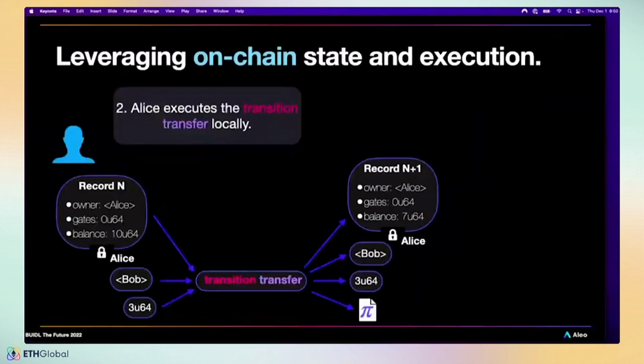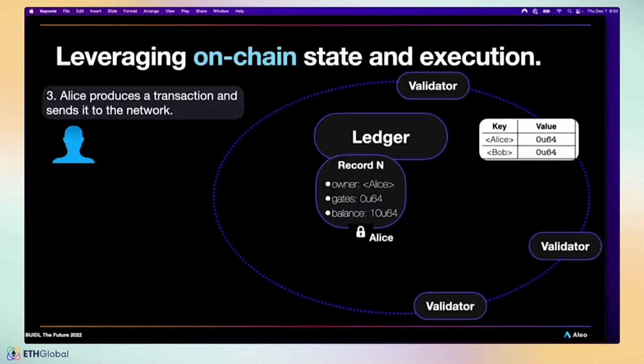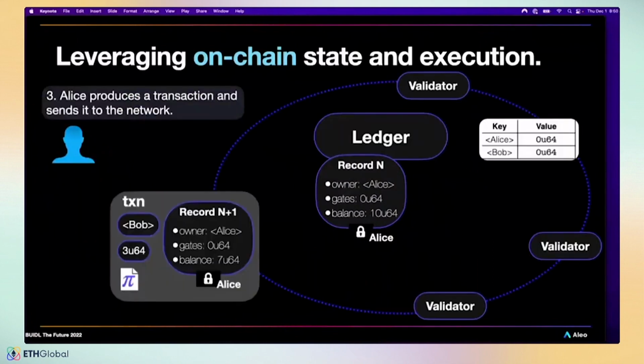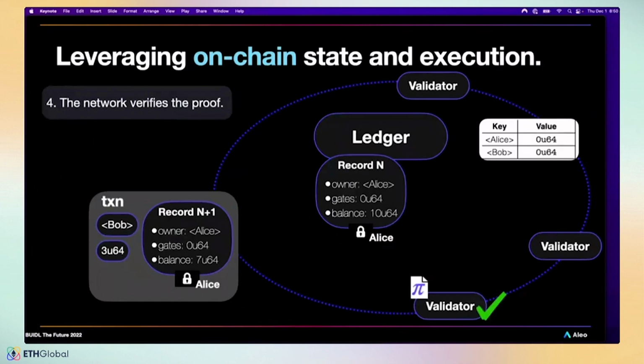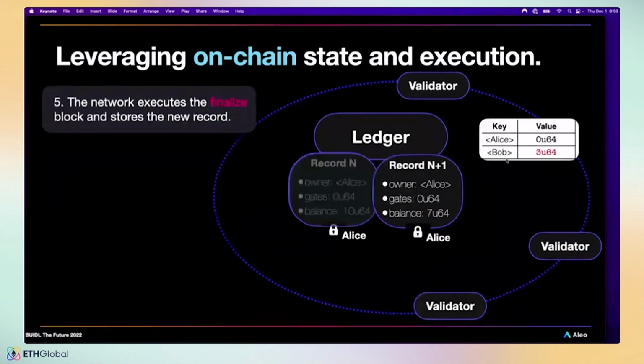Now that Alice has executed a transition locally, she produces a transaction and sends it to the network. In this transaction, we have all the outputs of our transition. The network first verifies the proof. If the proof doesn't verify, the network drops the transaction and no state is updated. But if the proof verifies, then the network stores the new record and updates its mapping with Bob's new value.